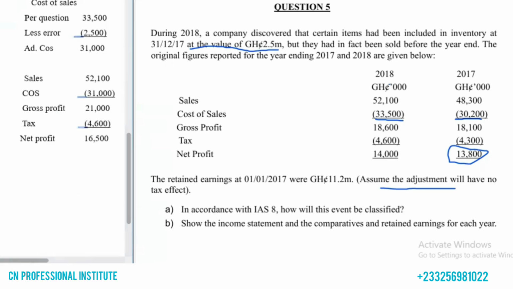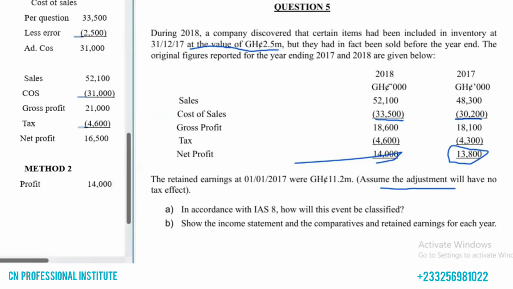Or let's try method 2. If you want to use method 2, we just bring our net profit and then we adjust the error. So let's bring the profit after the error has been committed, which is 14,000.